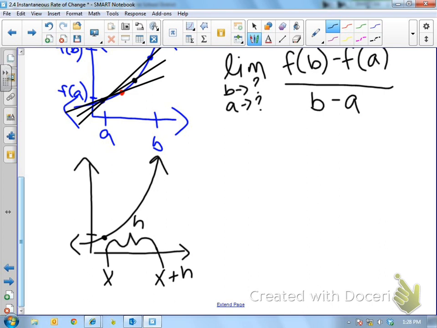So that means our y values now are f of x, and what would our top y value be? F of x plus h. You take the x value, plug it in.